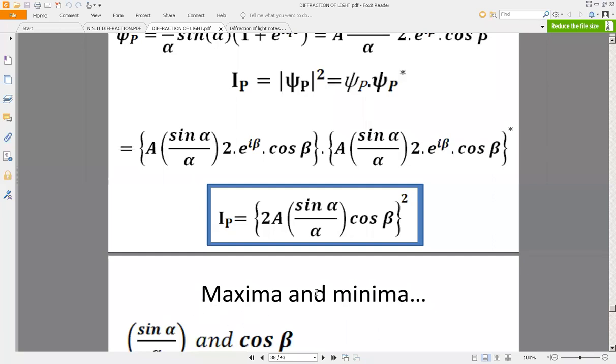Okay. So here you can see, this A sin alpha by alpha is coming from the single slit, and the 2 cos beta is coming because of the interference of two such single slit terms. When both slits overlap with each other, they give you this cos beta. In mathematics you are going to learn, this part I am not going to deal with, that it has something to do with Fourier transforms.